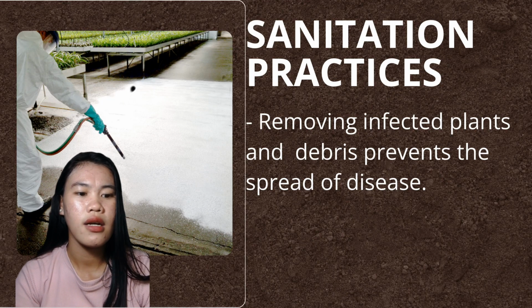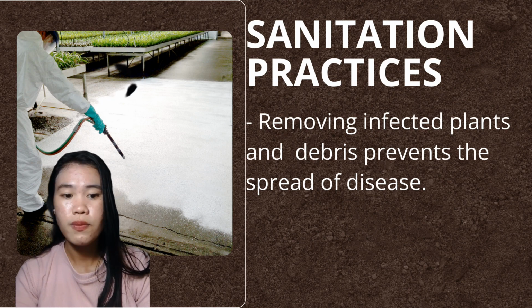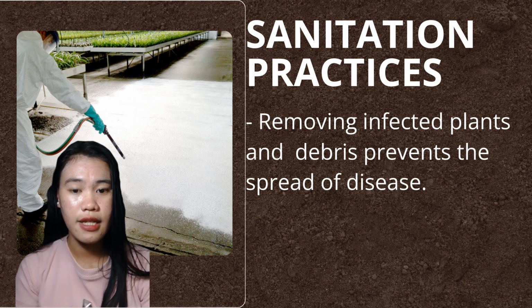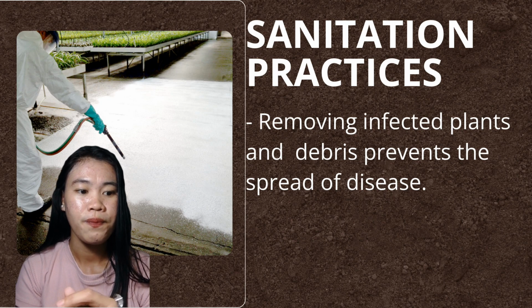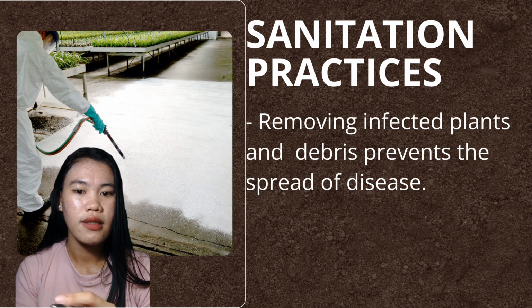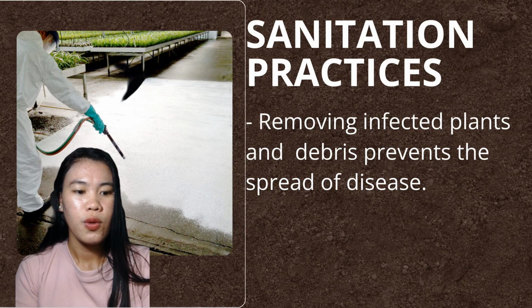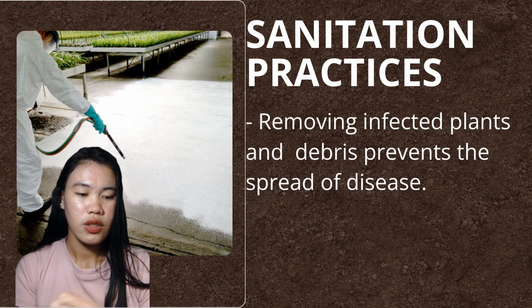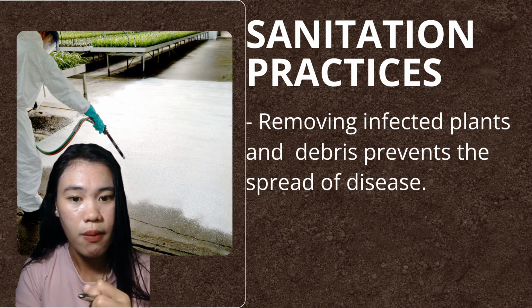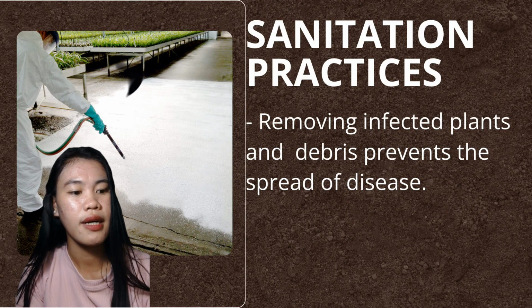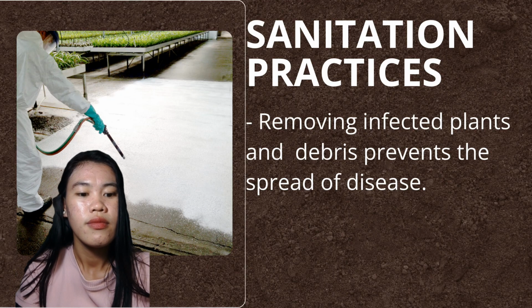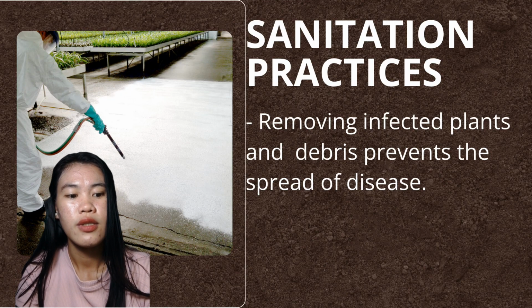Like, pagtanggal ng mga tira-tirang crops, pag-disinfect din ng mga tools, and also yung pag-alis ng mga infected plants. So, para maalis yung mga disease-causing organisms sa farm and mapigilan yung pag-spread ng mga new crops.